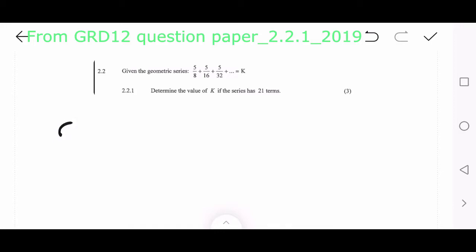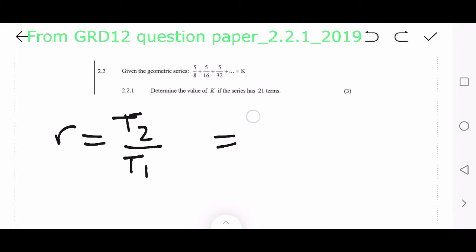So r equals t2 over t1, which is also equal to t3 over t2.